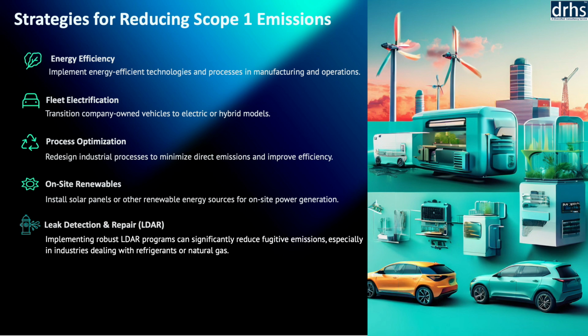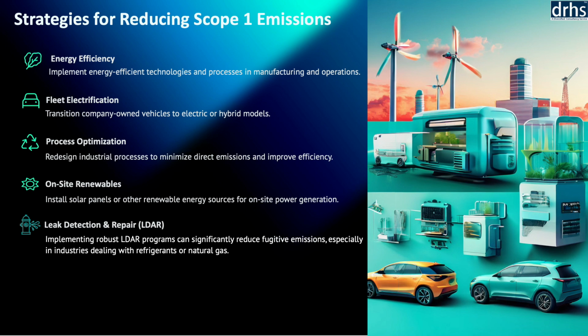The next is related to the leak detection and repair, that is LDAR. Fugitive emission, often from equipment leak in industries like oil and gas, can be a significant source of greenhouse gas, particularly methane, which has much higher global warming potential than CO2. Implementing a robust LDAR program helps identify and repair leak quickly, preventing these emissions from escaping into the atmosphere.